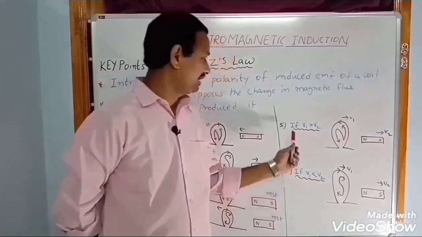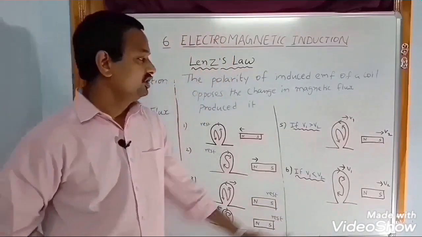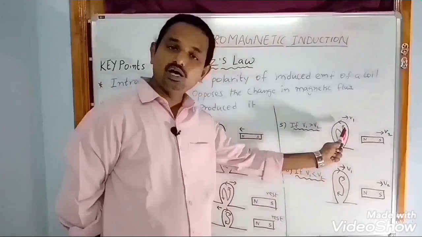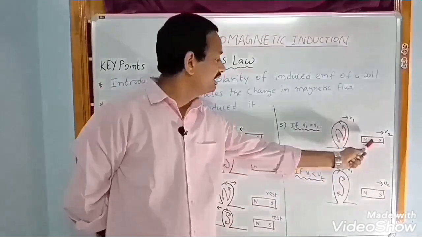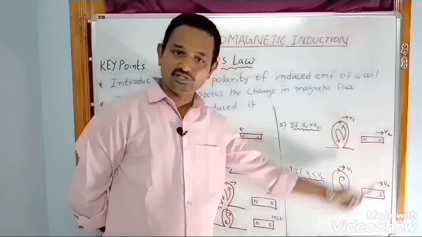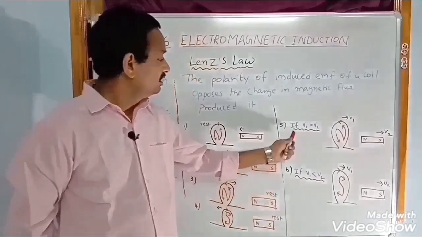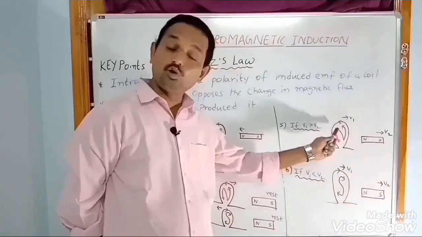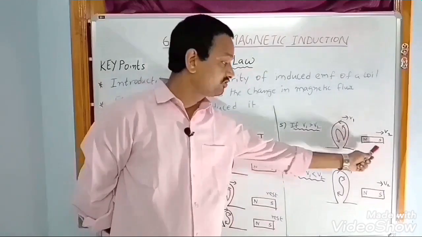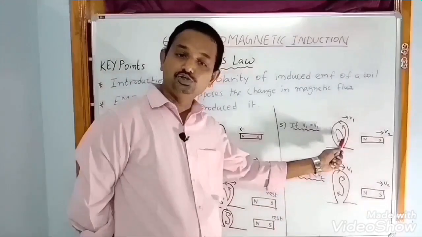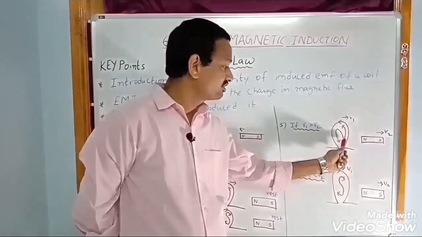Students, in the fifth case, if both are in motion, that means coil is moving with velocity v1 and magnet is moving with velocity v2. Both are moving in the same direction. Here, if v1 greater than v2, that means velocity of coil greater than velocity of magnet, then the polarity of induced EMF of the coil acquires north pole.